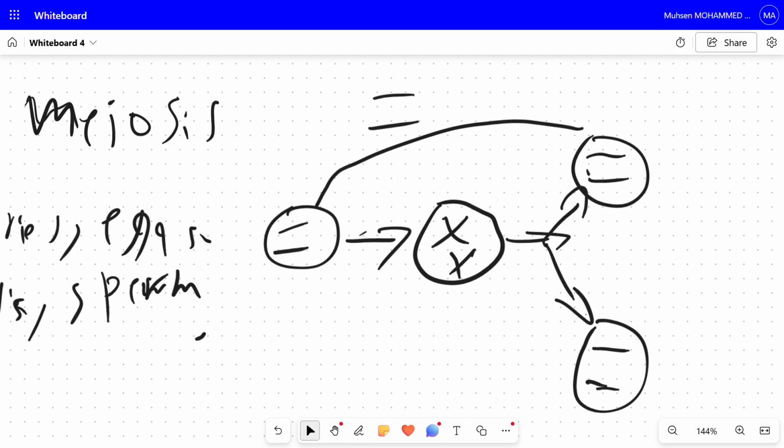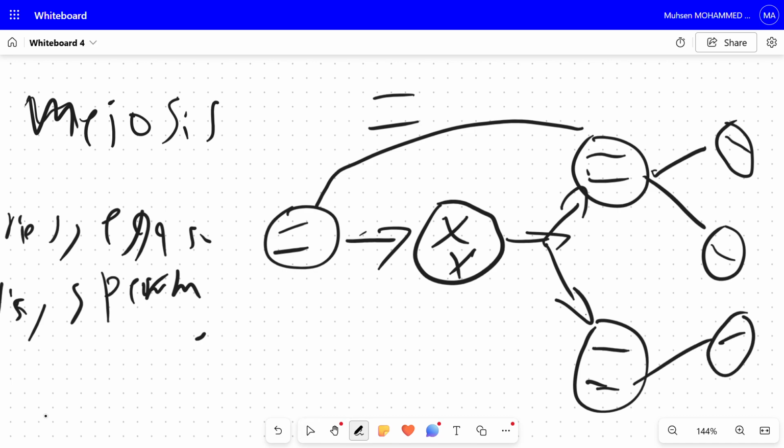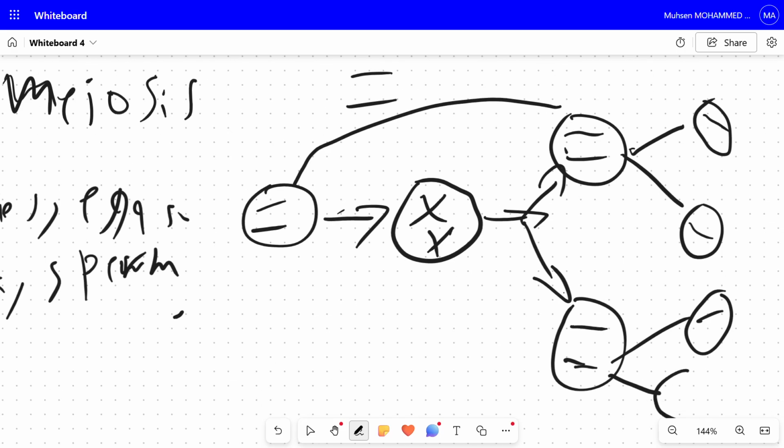They have the same amount of chromosomes. Though what's different is that now these cells will divide again into two different gametes or cells that contain half the amount of chromosomes as the original parent cell.